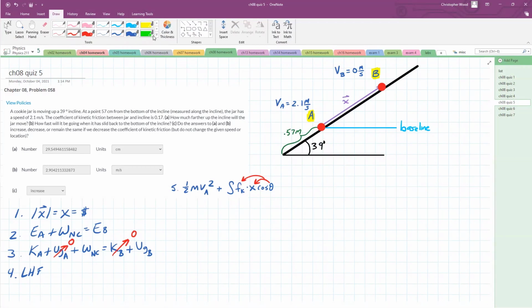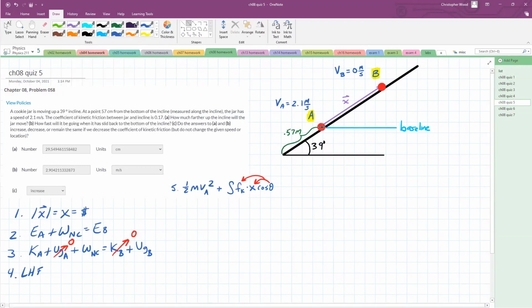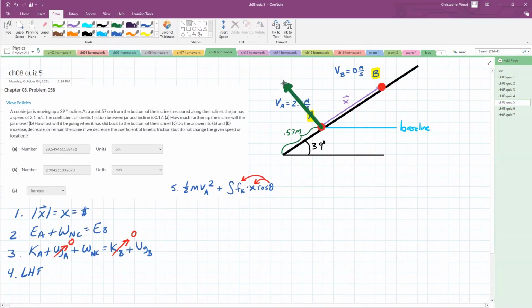Which begs the question, what are my forces? So I'm going to add my forces to my free body diagram. This is the normal force. This is the weight force. This is friction. Friction always opposes velocity. So I'm going to label those.